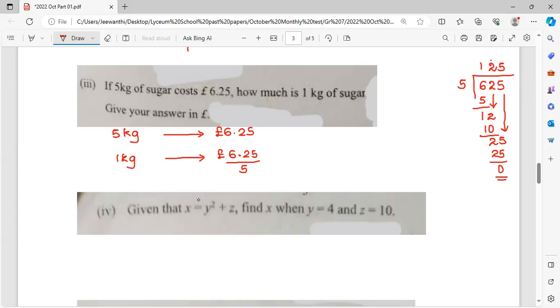So then the answer is 125. So 125 it gives you when you divide 625 by 5. But here we do have 6.25, no? So then the answer will be 1.25 pounds.